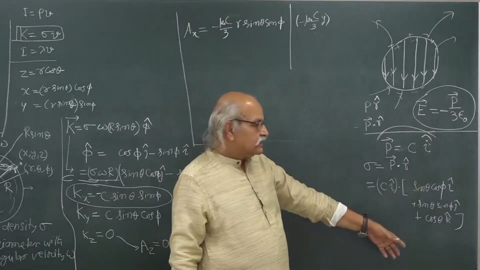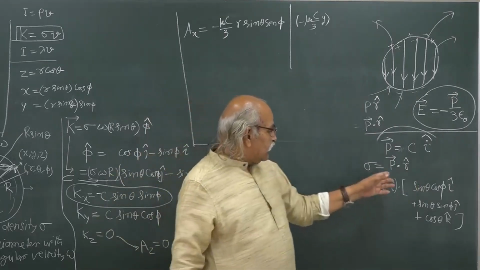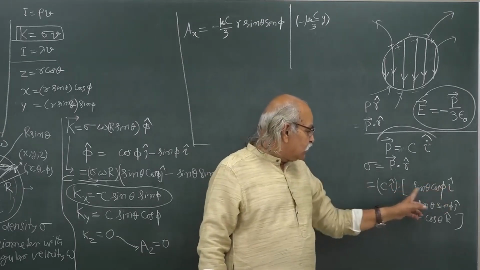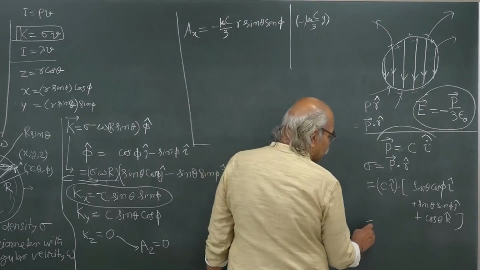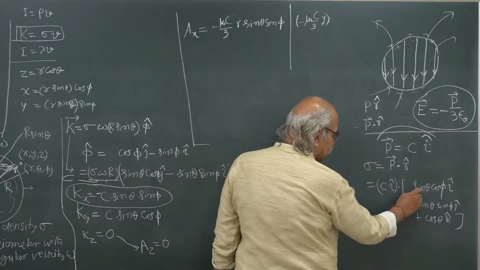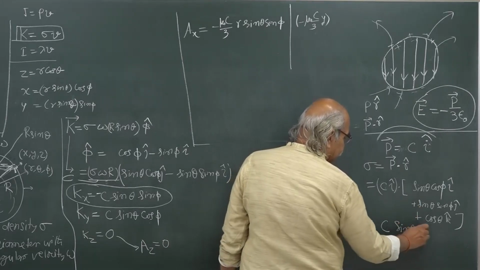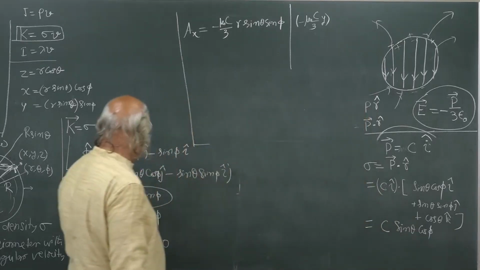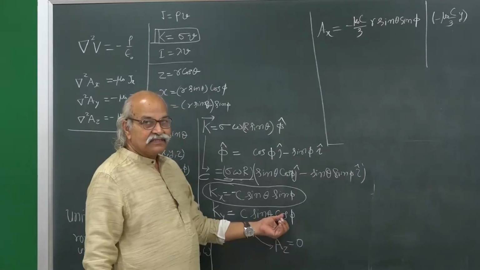Remember, we did this in the previous case also. Then i dot i gives the result, i dot j is 0, i dot k is 0. So, this is equal to c times sin theta cos phi, which is exactly the same as ky, c sin theta cos phi.